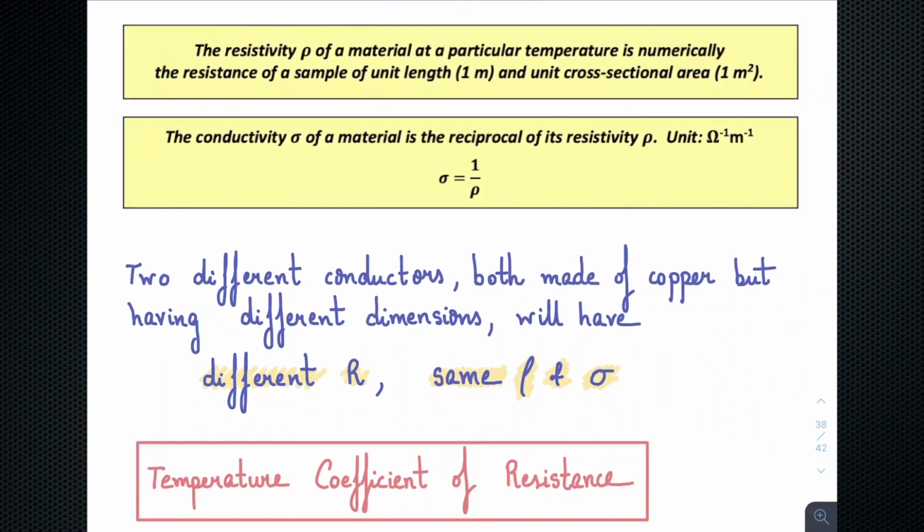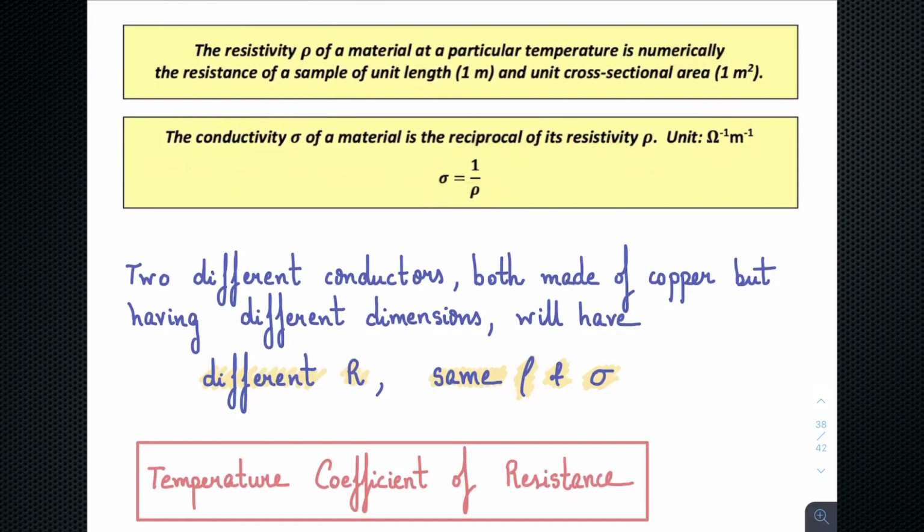We can also define the conductivity of a material, symbol sigma. And this is defined as the reciprocal of its resistivity. So conductivity is 1 on resistivity. The units are therefore ohms to the minus 1, meter to the minus 1.